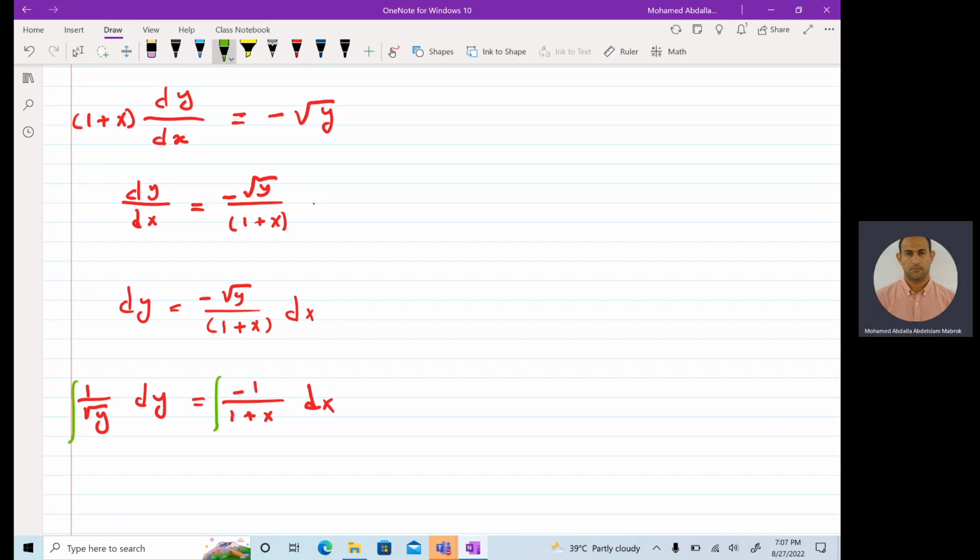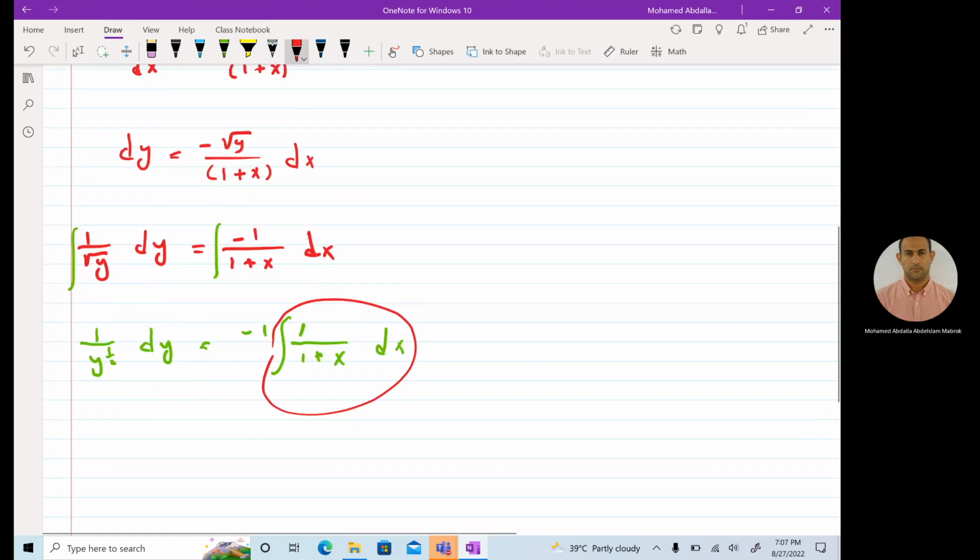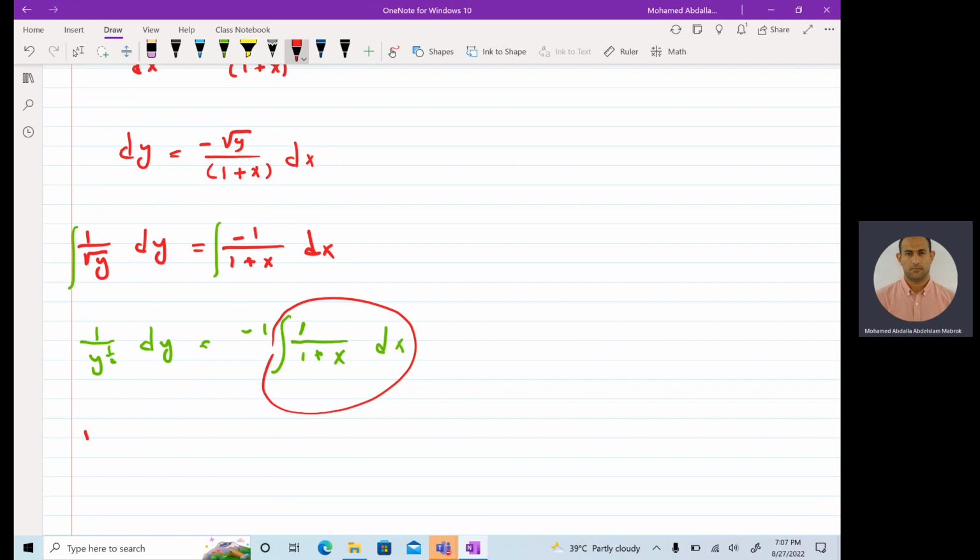So integrate. In order to integrate 1 over square root of y, this is 1 over y to the power half dy, which could be written as y to the power minus half dy.